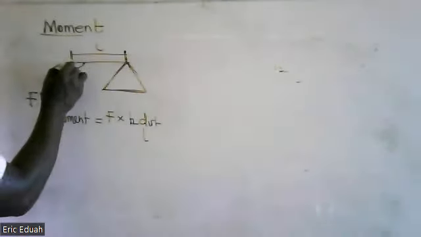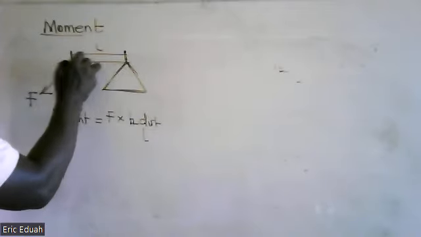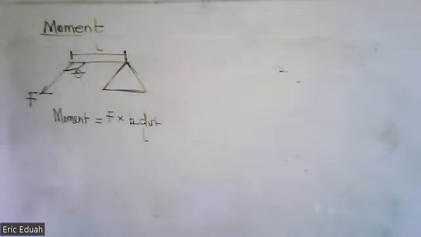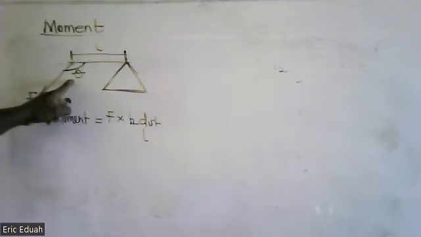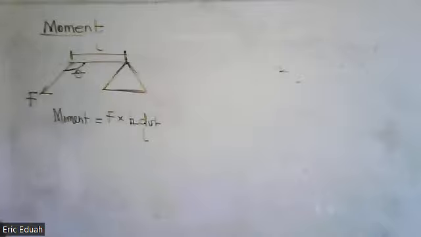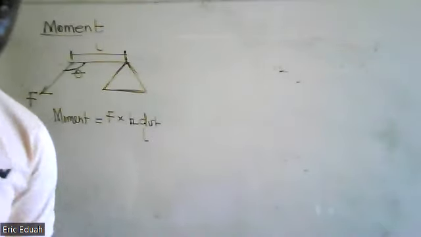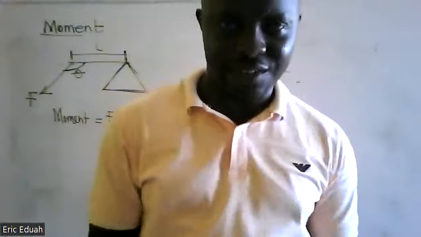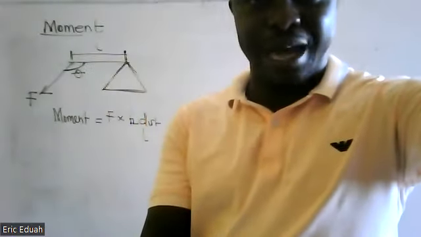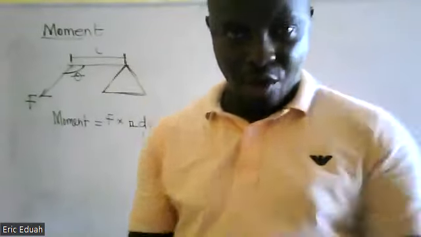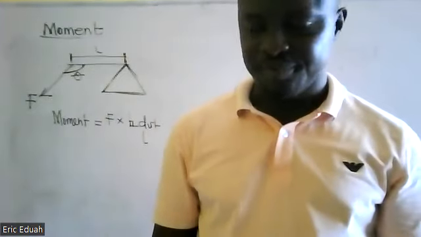So I need a force which will be perpendicular to this distance to calculate. But it is inclined at an angle theta. How do I determine the turning effect or the torque produced by this? I hope you understand the question.